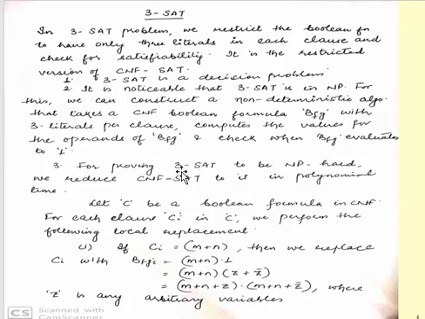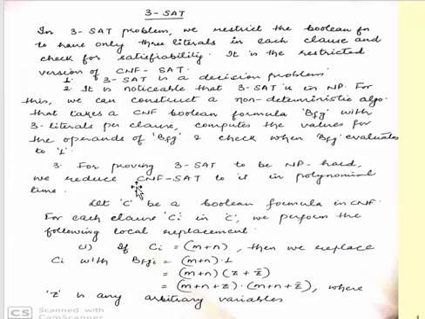Next, we need to prove that 3 SAT is NP hard. Now, in order to prove this, I take one problem that is already proved as NP hard. Like in the previous lecture, we had proved that CNF SAT is NP hard.